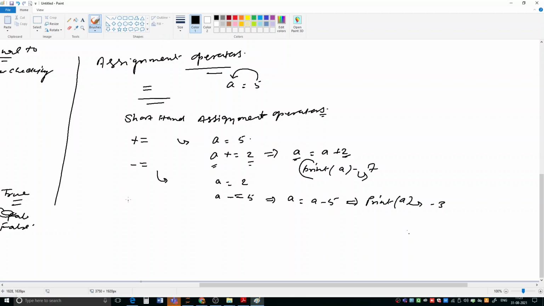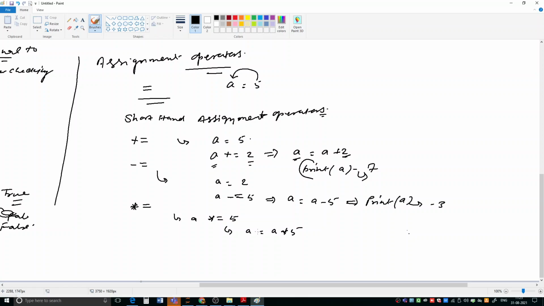Likewise, we can have all other assignment operators. We can write multiplication equal to, suppose 5. It means that a equal to a into 5.